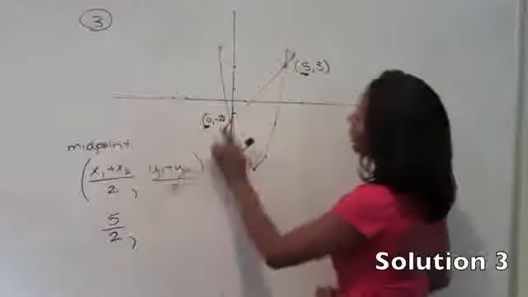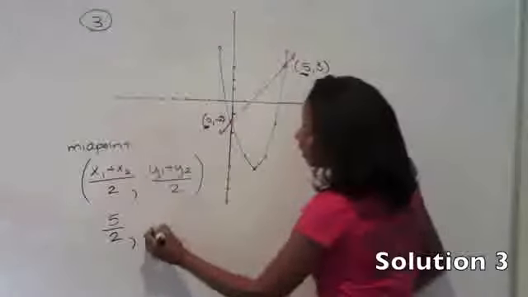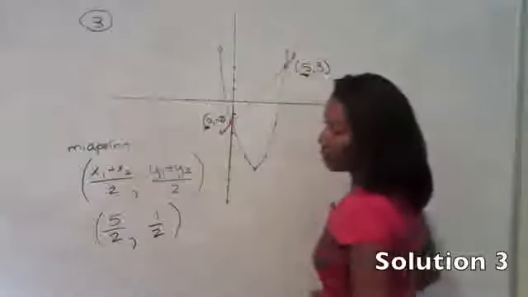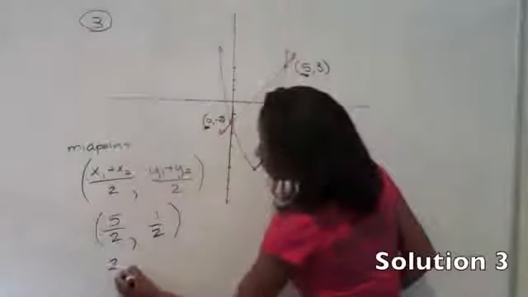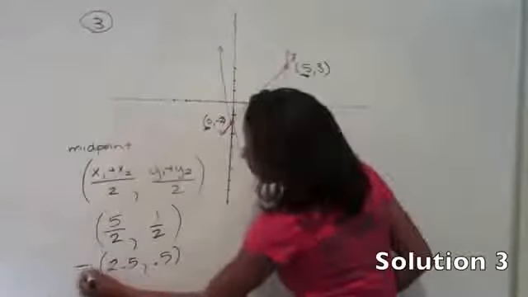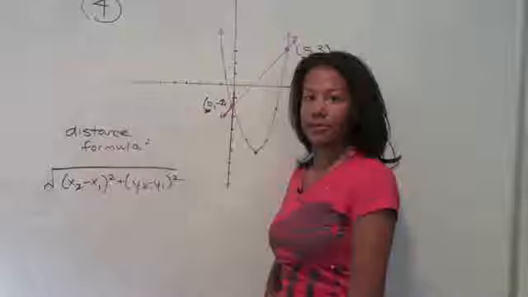And then y1 plus y2 is -2 plus 3, which is 1, divided by 2. So we get 5 halves, 1/2, and that is 2.5, 0.5, because this is the form that our answer choice is in. So number 3 is D.